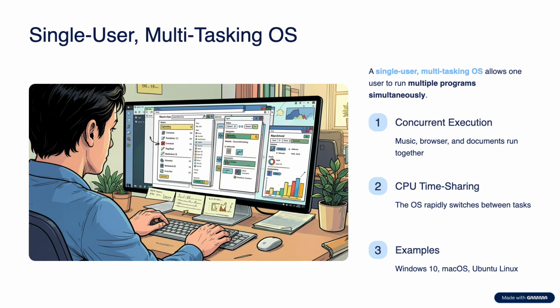How does a single processor manage this? It's all thanks to CPU time sharing. The operating system quickly divides CPU time into tiny bits of a second, giving each application a little slice of the pie. It switches back and forth so fast that it seems like everything is happening at the same time. Think Windows, Mac OS, and desktop versions of Linux like Ubuntu.